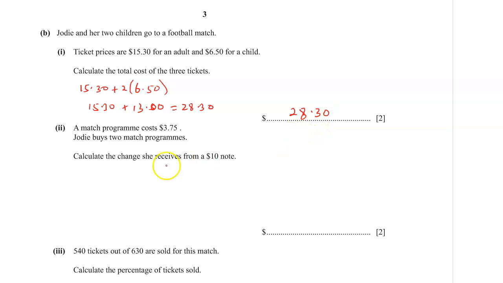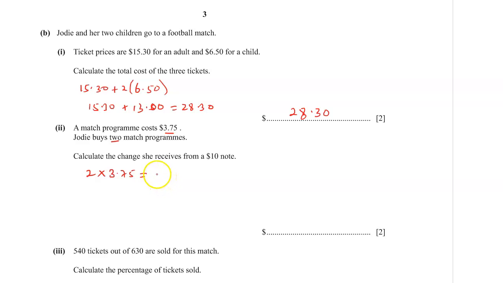So 28.30. A match program costs $3.75. Jody buys 2 match programs. Calculate the change she receives from a $10 note. So she buys 2, and each is costing $3.75.